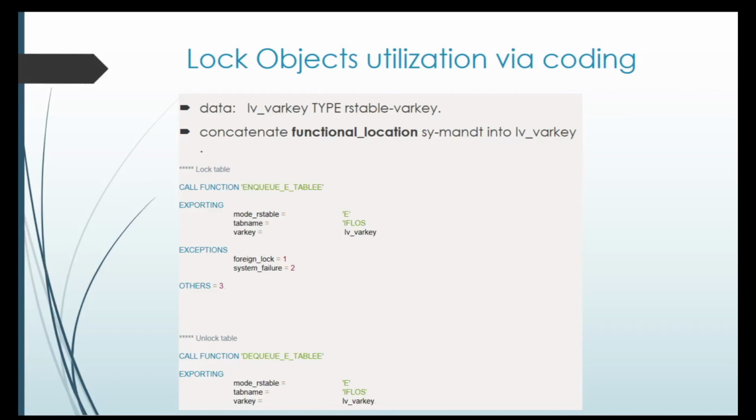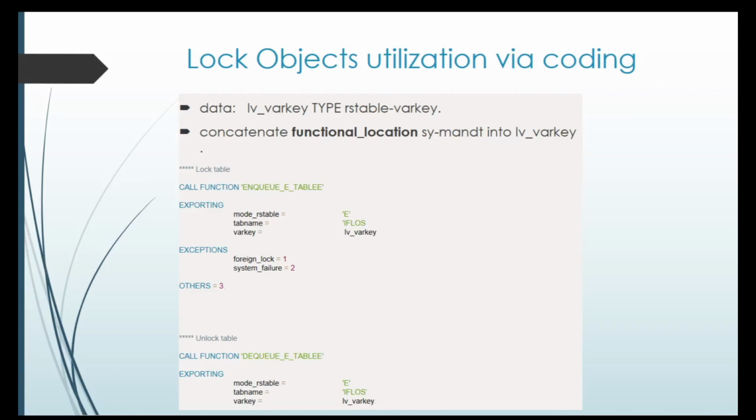So in the case of sales order 5354, it will be 5354 and so on. But in this case, we are going to lock the functional location master table. So here we will give the functional location number, and then we just have to concatenate the client number, which will have its value in the sy-mandt system variable field.